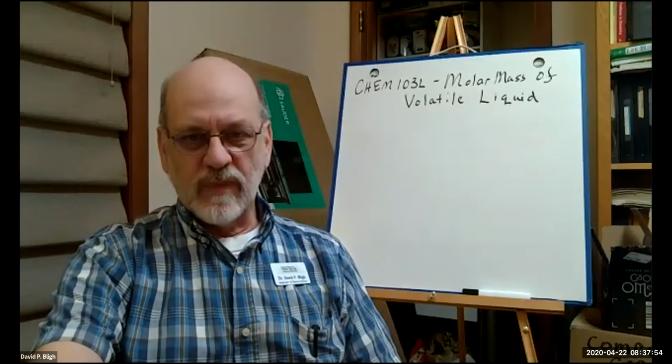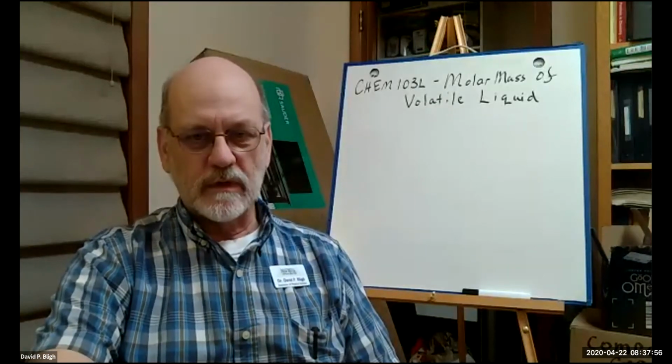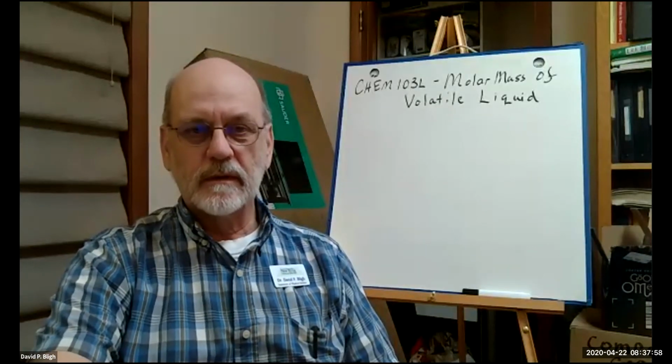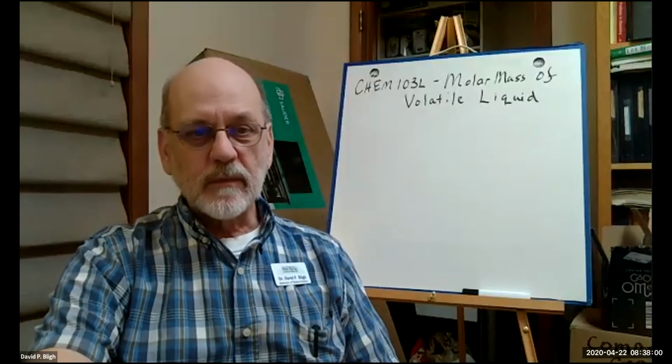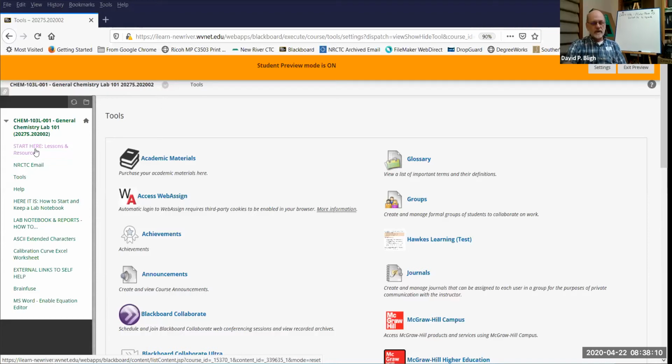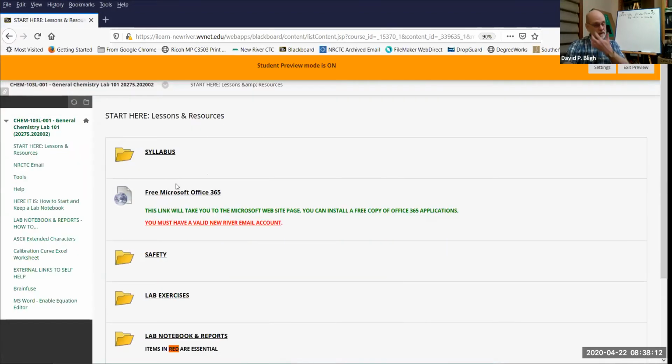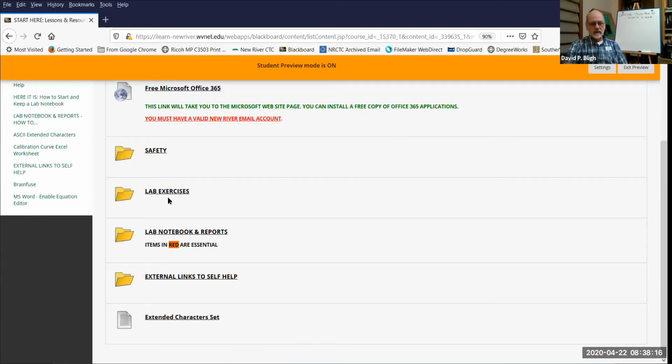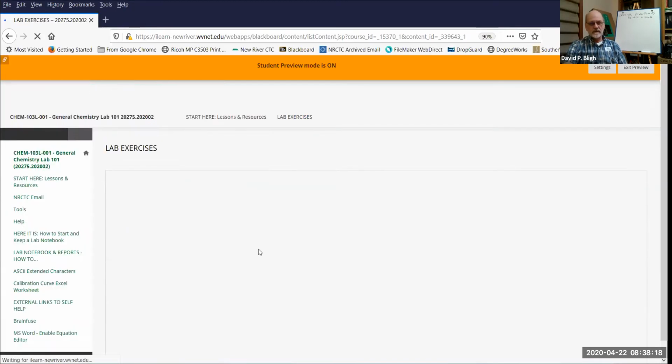Everybody knows about Blackboard, so you have to go into Blackboard, and I'm going to share the Blackboard screen. Here we go. So you'll start here, of course, in CHEM103, and go down to your exercises.